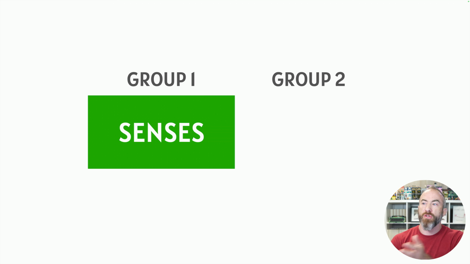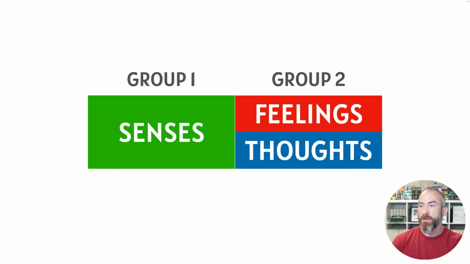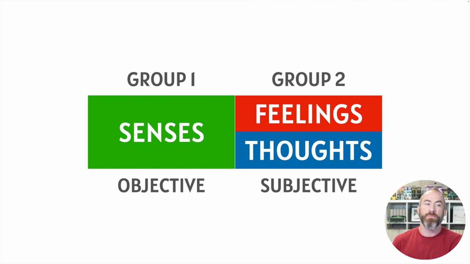And then group 2 is our feelings and our thoughts. So we have senses in group 1, that's the 5 senses. And then group 2, we have all of our feelings and thoughts. Now group 1 is all about the objective things that are objectively happening. And then our feelings and thoughts go in the subjective category.